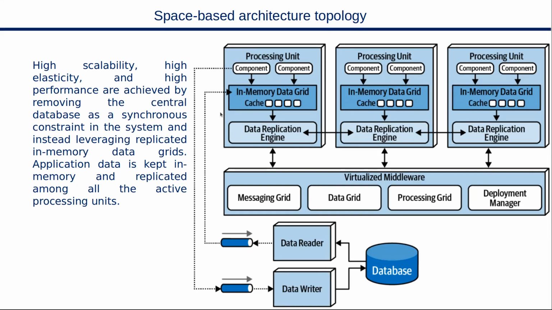And if you have a high volume of users at a particular moment, it will be much easier to start one more processing unit to scale your application as much as you need. This is the basic idea of this architecture style.